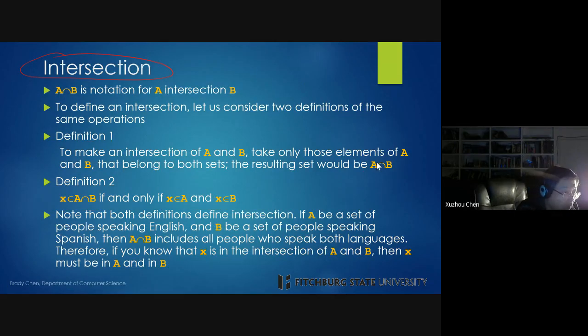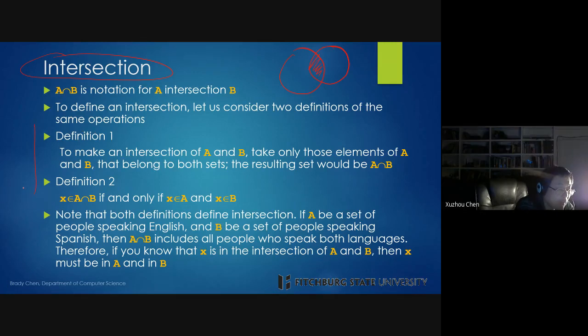Now intersection is the part that belongs to both A and B. The notation is A intersection B, and we also have two definitions.